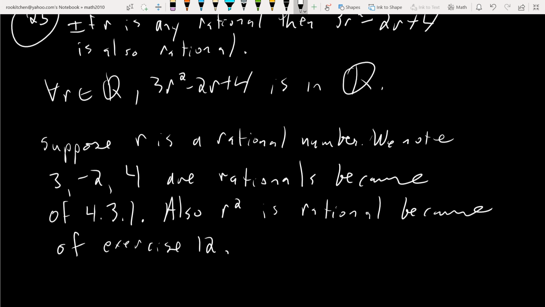The next thing I'm going to do is say that thus 3r squared and negative 2r are rational because they're the product of rational numbers. And that's problem 15: the product of any two rational numbers is a rational number.